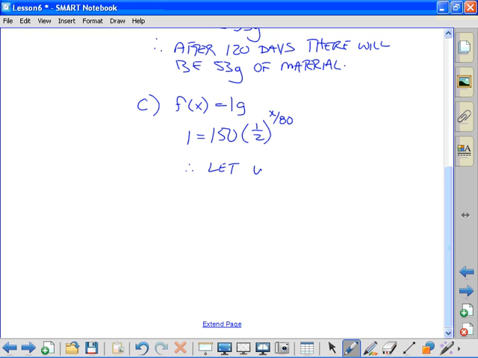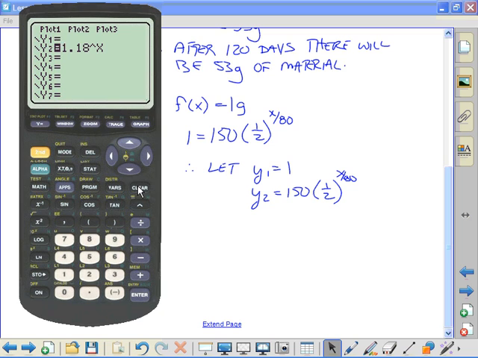So I'm going to let y1 equal 1. y2 then will be 150, 1/2 to the x over 80. So now you bring up your graphing calculator to put those two equations in order to find the intersection point. So 1, and clear that, 150 times 1 divided by 2, exponent x divided by 80.